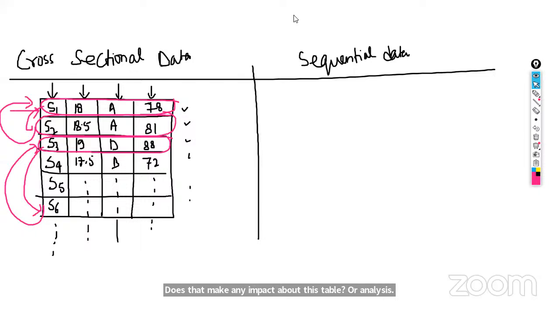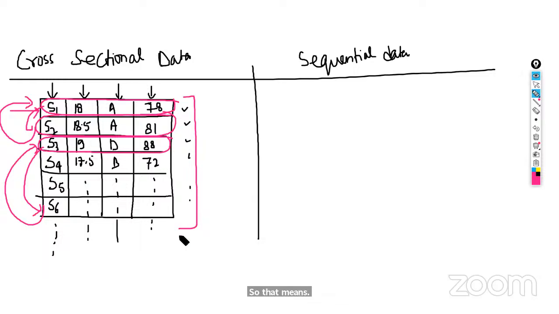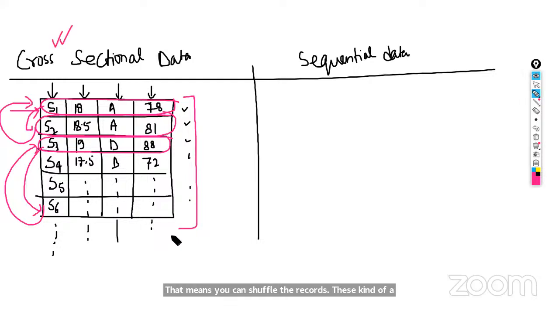No, right? Exactly, all of you are correct. We can shuffle the records. That doesn't make any impact over the analysis. So a data set where the order of the records is not maintained, where the order is not important, meaning you can shuffle the records, we call a cross-sectional data set.